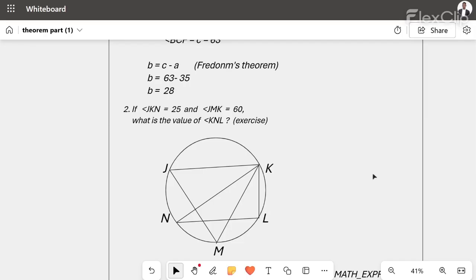In this video, we have shown you what Fredom's theorem is all about. We also tried to prove how the theorem came about, how the theorem was derived. We proved how the theorem came to be, and we also did an example to see how the theorem works, and we finally found out that the theorem is true.